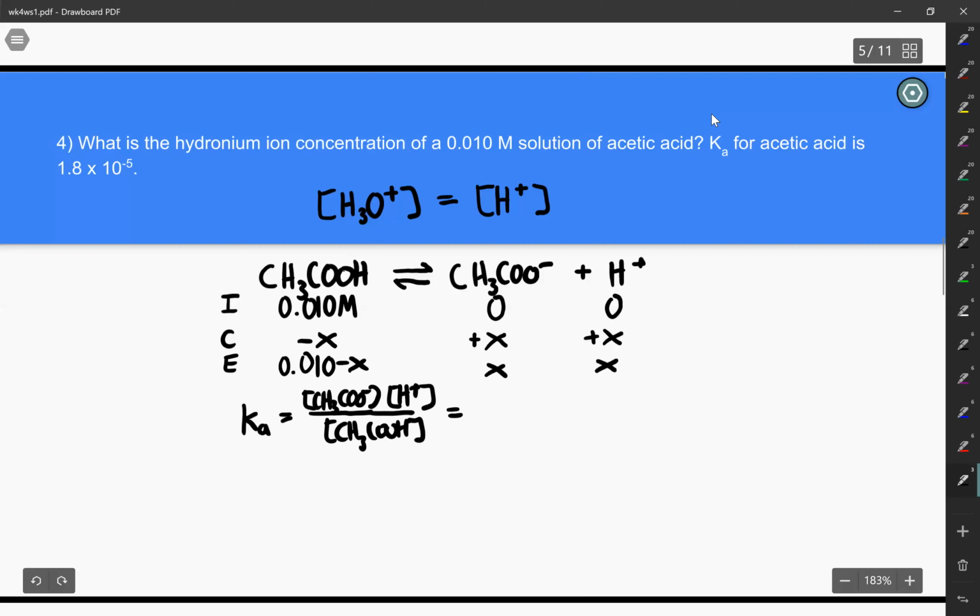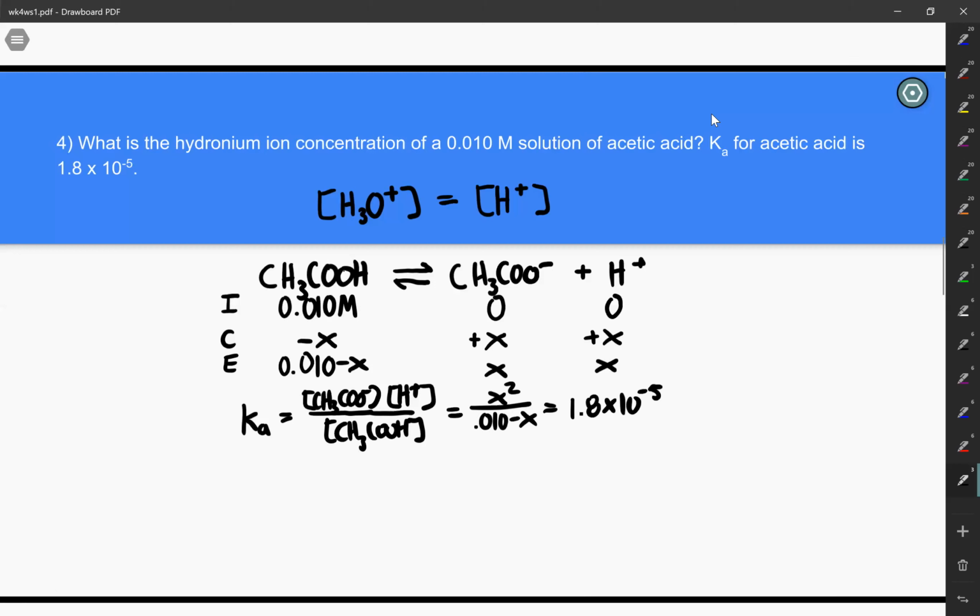And if we were to plug in our equilibrium values from the ICE table, that would be X squared over 0.010 minus X. And then this will be equal to our equilibrium constant, which is 1.8 times 10 to the negative 6.